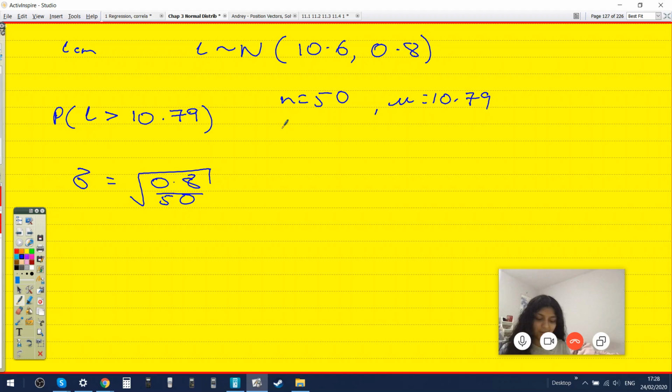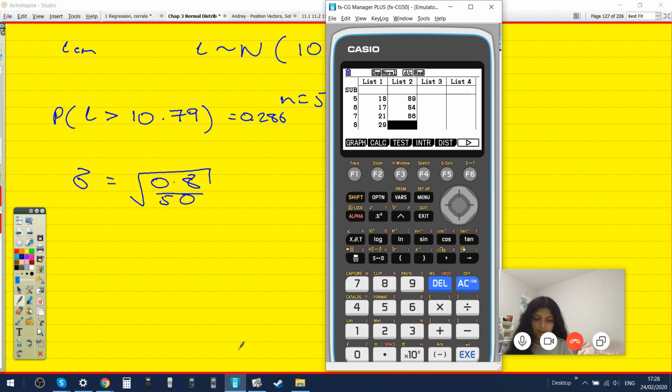I got 0.286, which is so wrong. They got 0.067 something. Might be something to do with the two-tail thing. Let's see. I think it's because, wait, I think I know why.